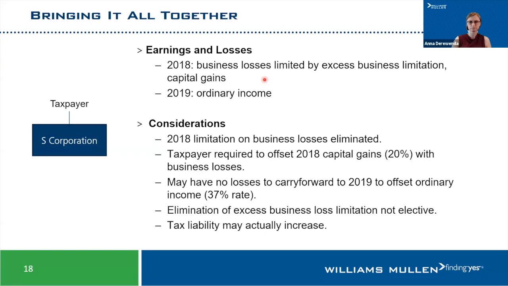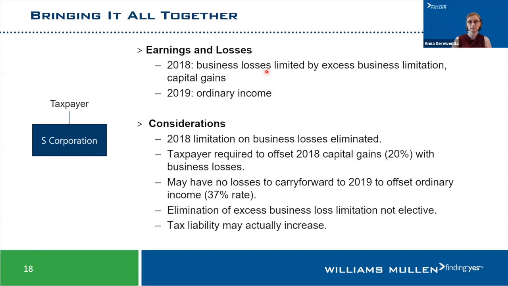This taxpayer, prior to the CARES Act, to the extent that these losses were left over, would expect to use them in 2019 against their ordinary income. But after the CARES Act, again, this limitation is eliminated temporarily. And the taxpayer would be required to use these losses to offset the capital gains that they have in 2018. And they may not have any losses then remaining to carry forward to offset their ordinary income.